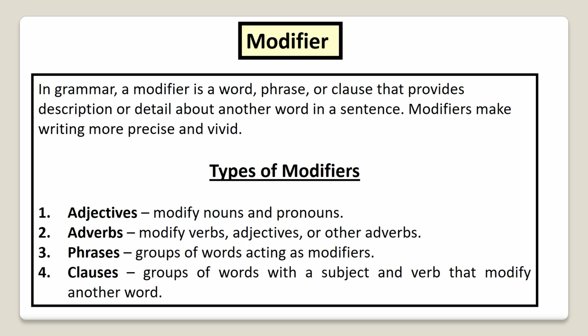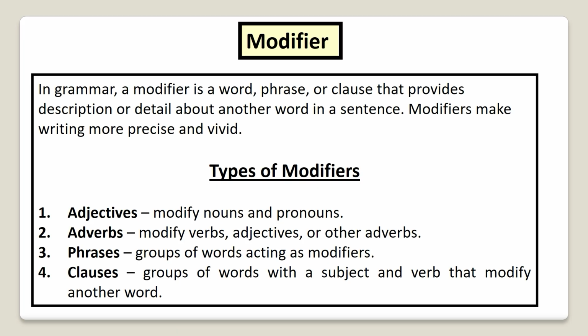And another type of modifiers is clauses. A clause is a group of words with a subject and a verb that modifies another word. A group of words with a subject and verb that modify another verb are called clause modifiers.